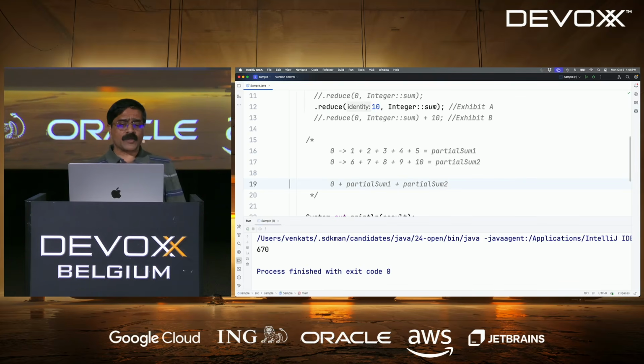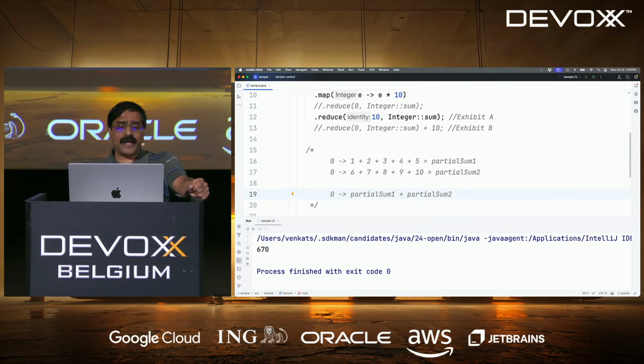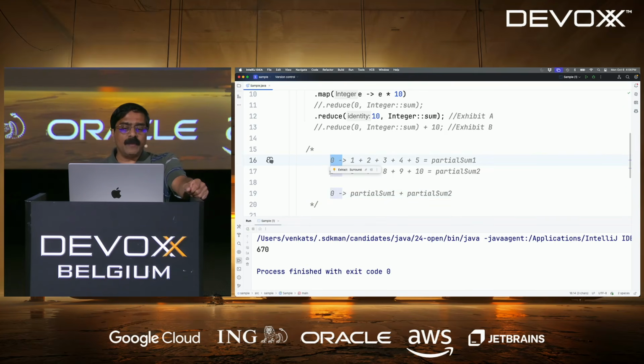So the moral of the story here is that this is done in parallel as well in terms of how it's executing it. So as a result, in this case, again, we are starting with that 0 and adding that to those particular 2 values, right? So the moral of the story here is you are going to run things in parallel, but you need to know what to really bring in as a state.